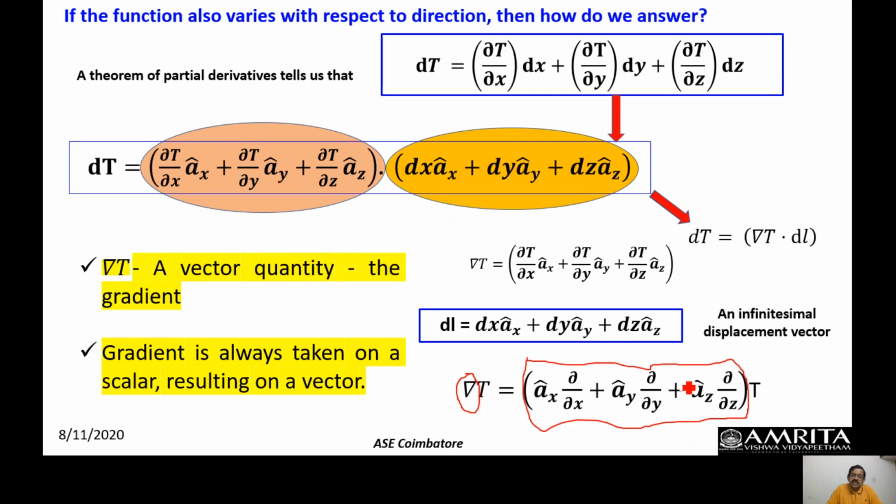It is merely an instruction, and if I allow this operator function to act upon the scalar function, I am going to get the gradient function. The gradient has meaning, but this one, marked in red ink, is merely an instruction or an operator.